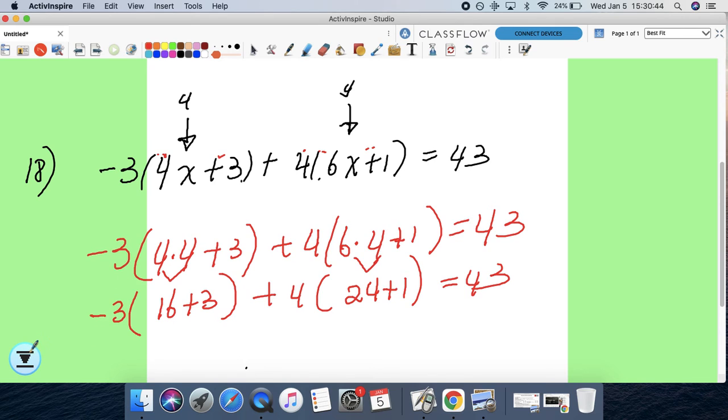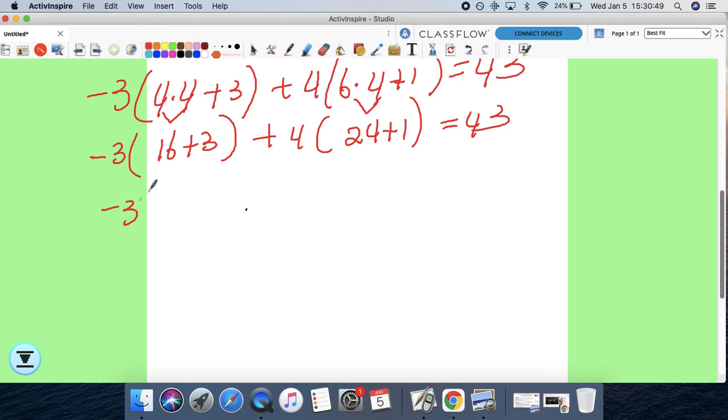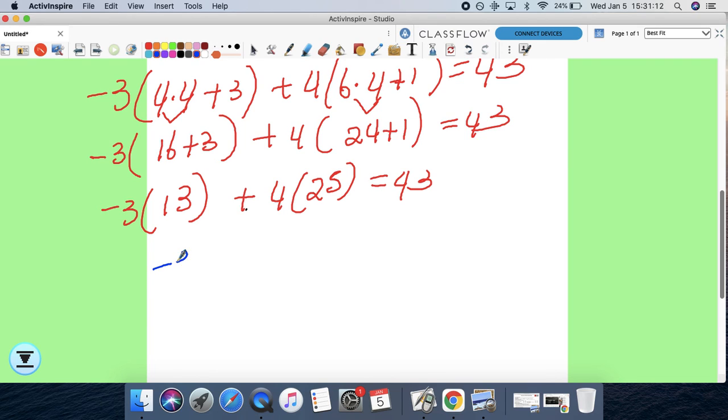I hope we're good. So now, negative 3, 16 plus 3 is 13. Plus 4 times, what's 24 plus 1? 24 plus 1 is 25. Equals 43. Negative 3 times 13 is negative 39 plus 100.